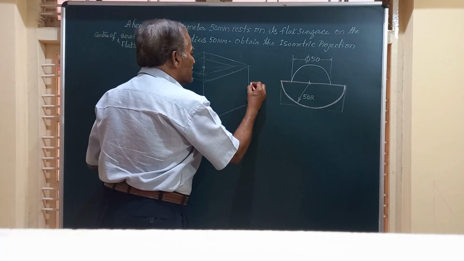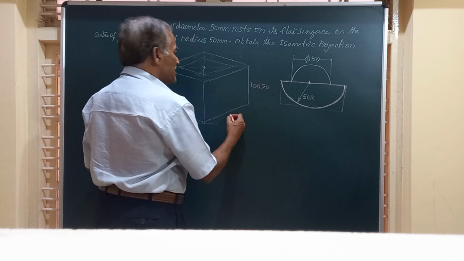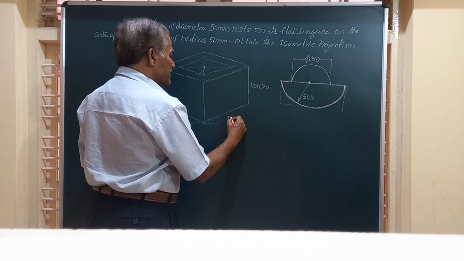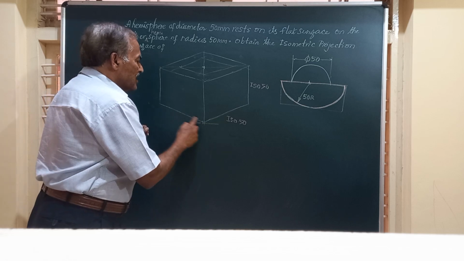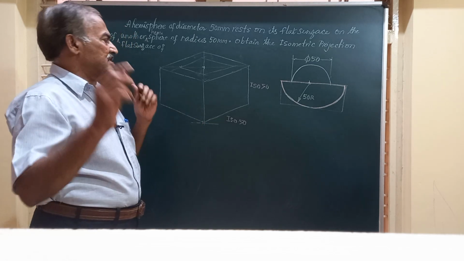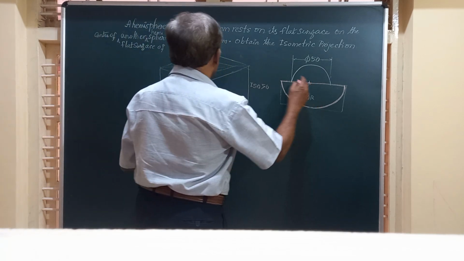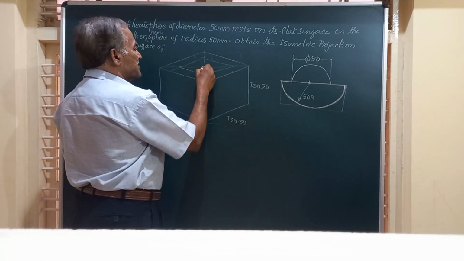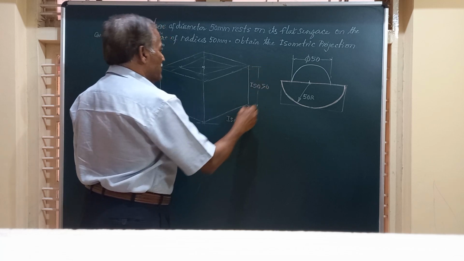So I'll write here ISO 50, isometric height 50, here also isometric height 50, this side also the same thing, and these two lines are at an angle of 30 degrees to the horizontal. Friends, I have located the center of this. That center is here, and the height I have taken is shown here.